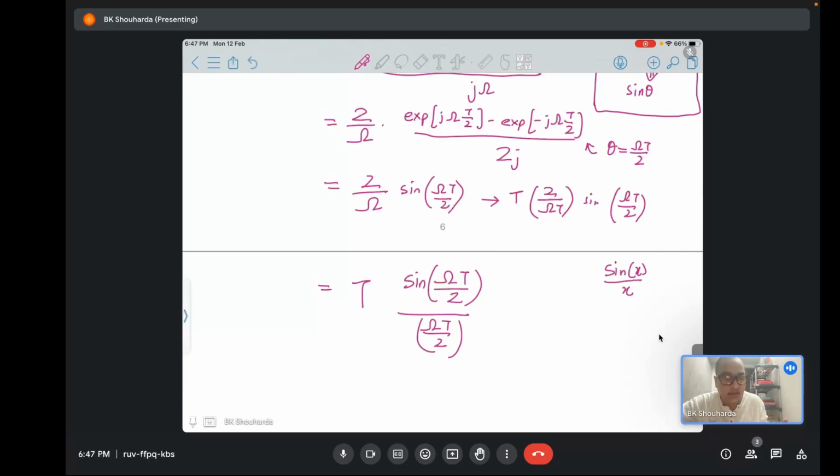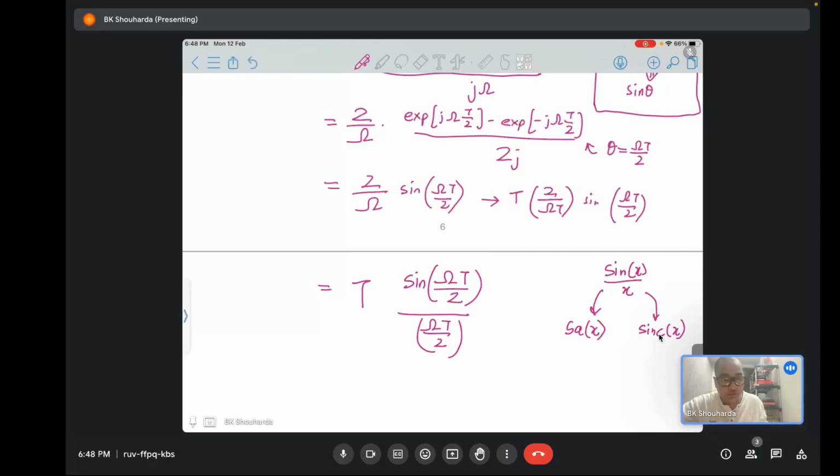This expression, sine x upon x: as a student myself, through various courses during my undergrad, as well as in my recent encounters as a TA in signals and systems courses, I have seen different books writing different expressions for the same formula. For example, sine x upon x in some places is written as the sampling function, so you write it as Sa of x. In some places you will find it written as the sinc function.